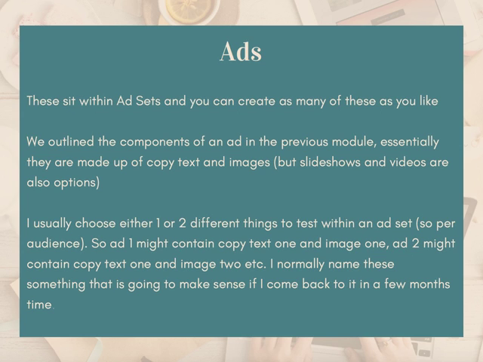So I normally name these something that's going to make sense if I can come back to them. So you might just call it copy 1, image 1, and then the other one might be copy 2, image 2. Or you might want to give a little bit of detail about what's in the copy. So for instance, you might have copy text that says need to learn maths better.